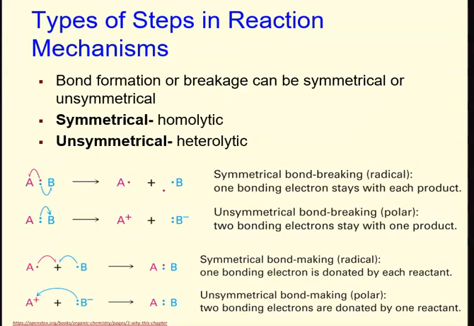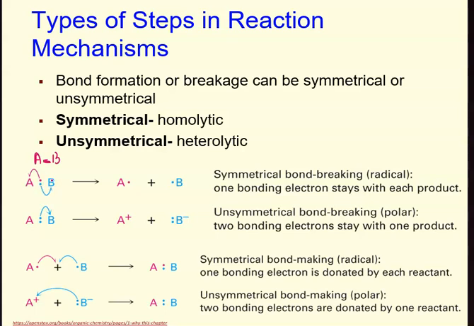Now let's look at different steps that can occur in a reaction mechanism. Bonds can break or form in two different ways, either in a symmetrical manner or in an unsymmetrical manner. Here we are looking at an example where there is a bond between A and B, because of two electrons being shared.